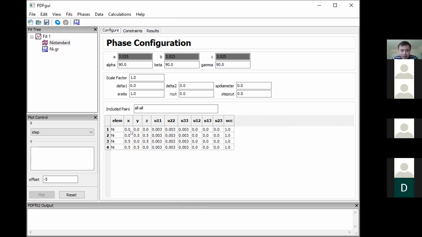You can see the symmetry elements generate all the other 4 nickel, but they all have very special atomic positions, which is not surprising. They are all on the faces, right? So they are fixed. There are no atomic position values to refine. So we do not need to care about these atomic position parameters.